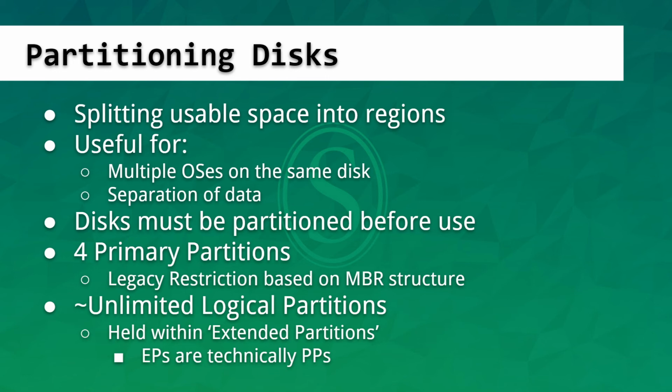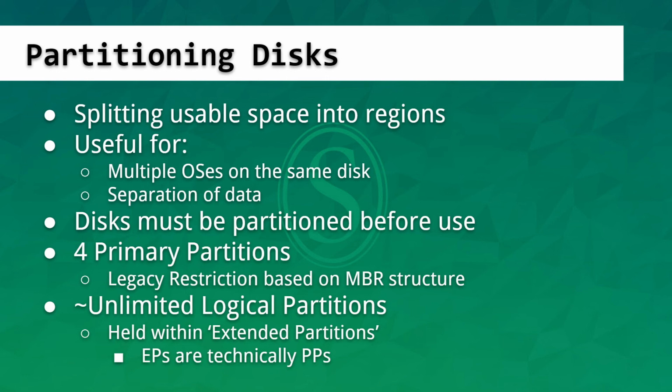The OS is installed on top of it, and in order to do the installation of an OS or to have files or to put data on a disk, we have to partition the disk, which is effectively splitting any usable space on a disk, whether it's a RAID disk or a stock single disk hard drive. We split that usable space up into regions so that we can install or format that region with a file system.